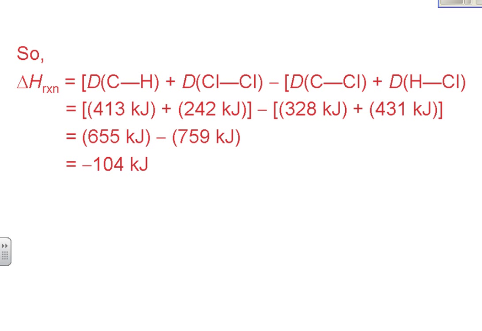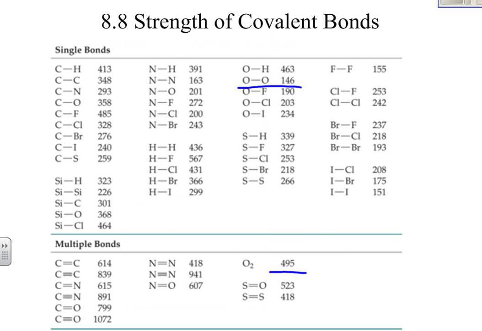When we put this into a longer formula, we have, again, right here, the bond dissociation energy for the reactants, the bonds that we're going to break. And we're going to subtract the bond dissociation energy of the products, the bonds that we're forming. Where do we get those values? Well, again, we can go back to our table. We had the carbon to hydrogen that we had to break, and we had the chlorine to chlorine that we have to break.